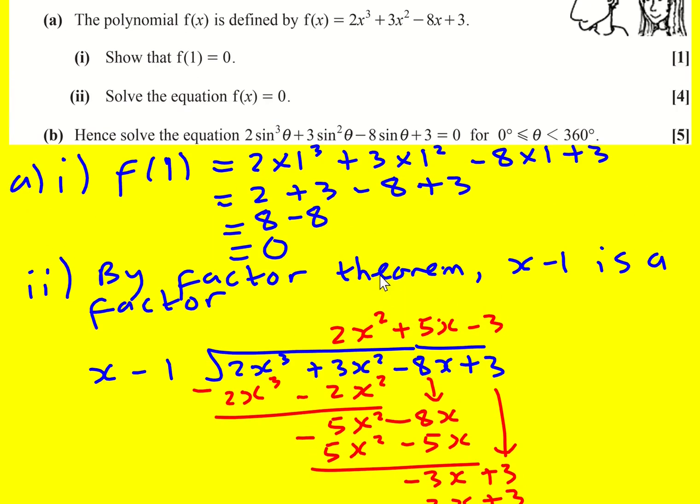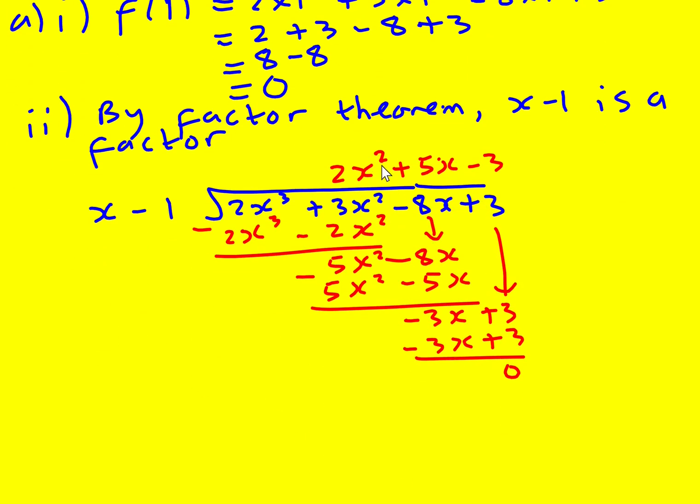And the consequence of this is that if we're solving f of x equals 0, let's write this out actually, 2x cubed plus 3x squared minus 8x plus 3 equals 0.